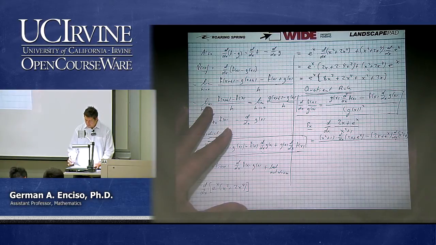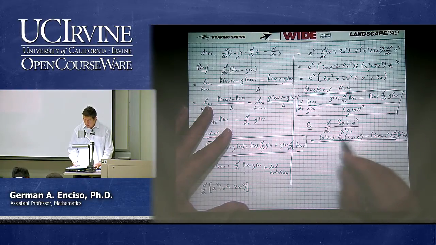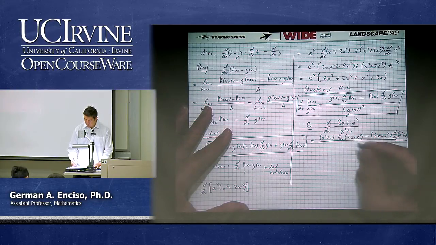And the whole thing is divided by the bottom squared. Now the bottom is x squared plus 1, so this is x squared plus 1 squared.